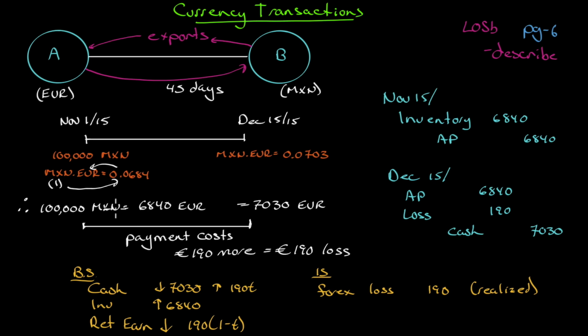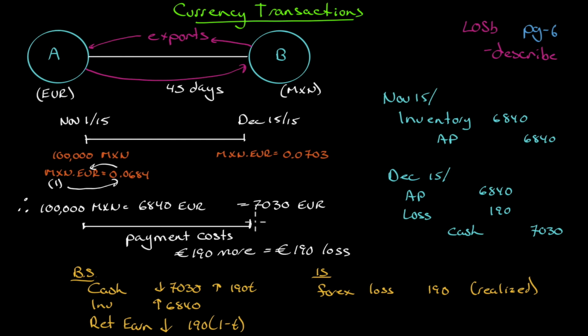So if our European company paid for it on November 1st, the day it received it, it would pay 6,840 euros. On December 15th, the exchange rate, 1 Mexican peso bought 0.0703 euros. So did the Mexican peso strengthen or weaken? Well, here, 1 only bought 0.0684. Now it buys 0.0703. 1 Mexican peso buys more. So it strengthened.